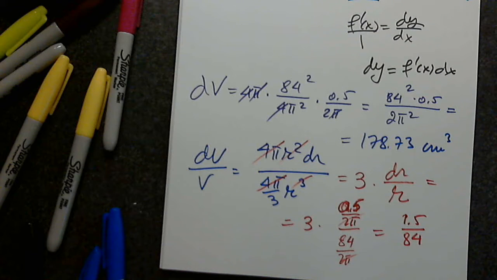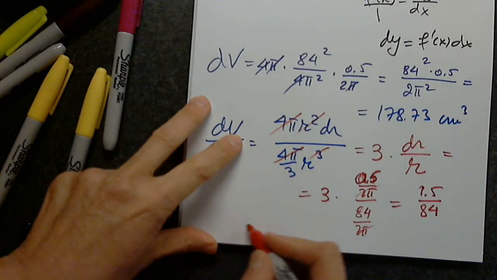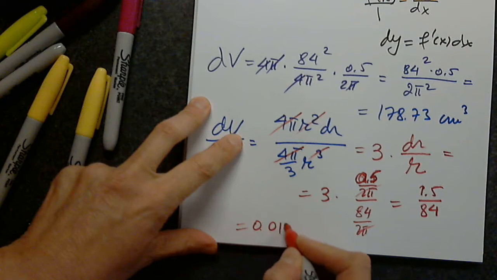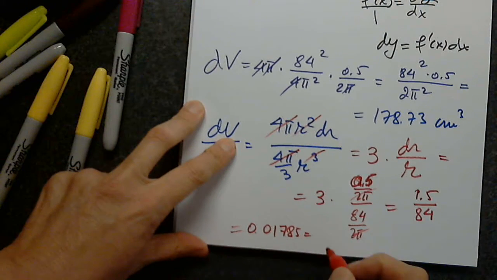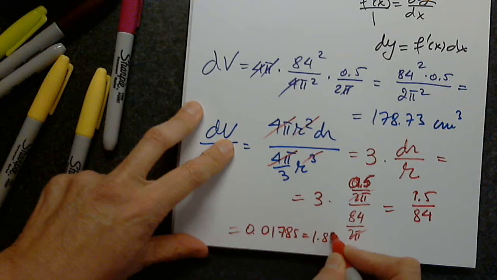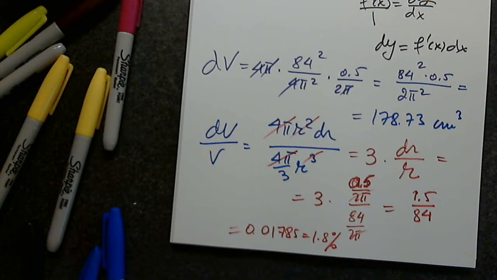And we'll see the percentage. Previously it was 1.11 in the surface area. So this time it is 1.5 divided by 84. So it's 1.8 almost. So this is 0.01785, which is approximately 1.8%. Did we get the same thing? Okay.